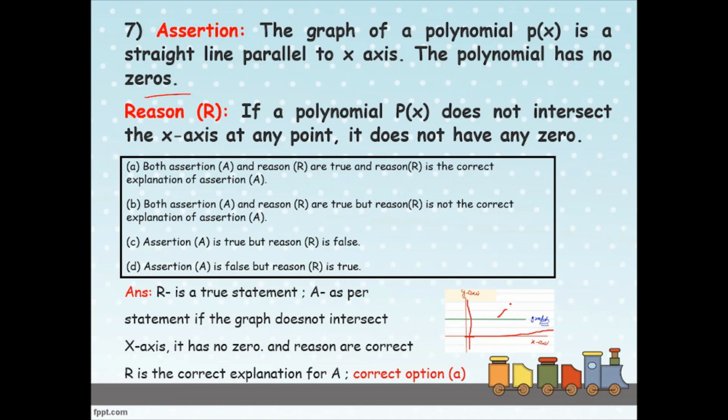The reason is: if a polynomial p of x does not intersect the x-axis at any point, it does not have any zero. Right, the reason statement is an explanation to the assertion. Both are true, and the reason is the correct explanation of the assertion. We can see this through this graph. So go for option A.